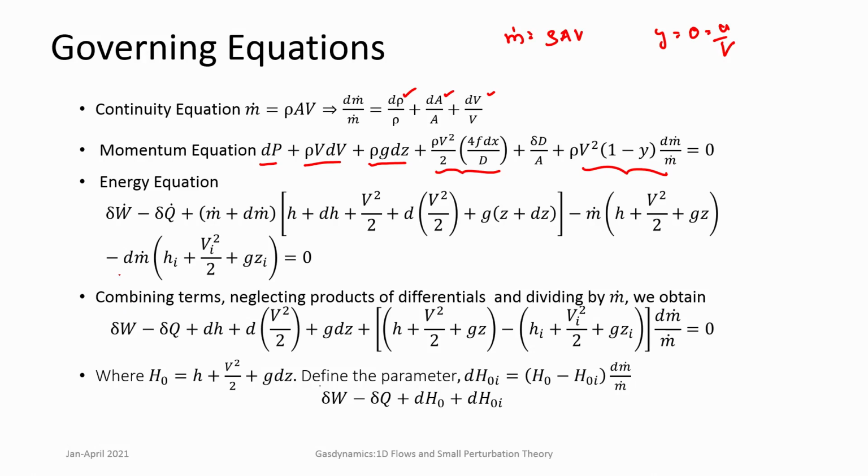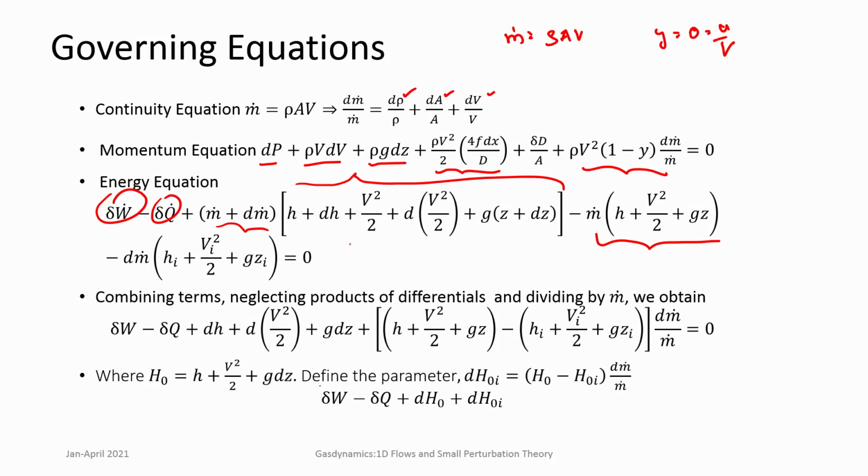Similarly, if you like to take a look at the energy equation, again you come to work done, heat added or removed, and then here is the change in total enthalpy, which is the difference between what is outgoing and what is incoming. Okay.